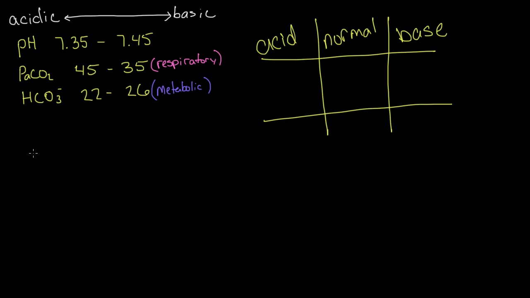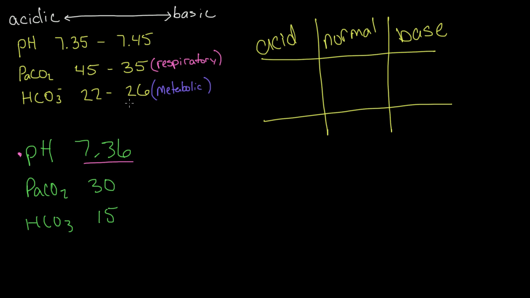So let's say we have a pH of 7.36, PaCO2 of 30, and a bicarb of 15. Okay, so the first thing we do is we look at our pH value, 7.36. We see this is normal, so we write it in the normal column.